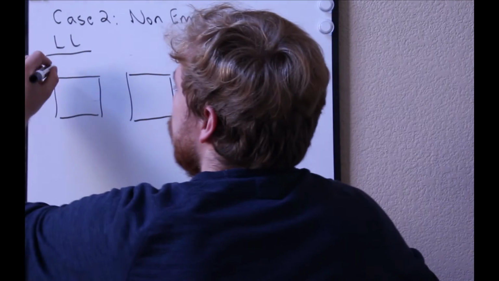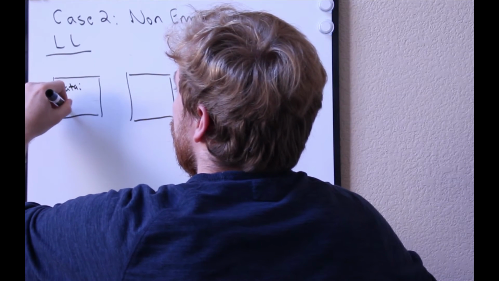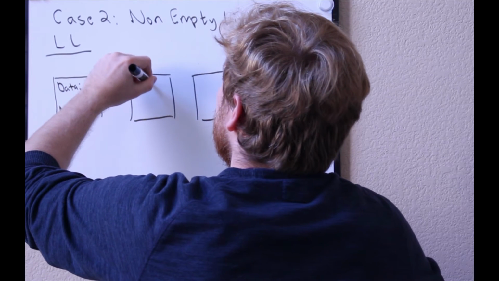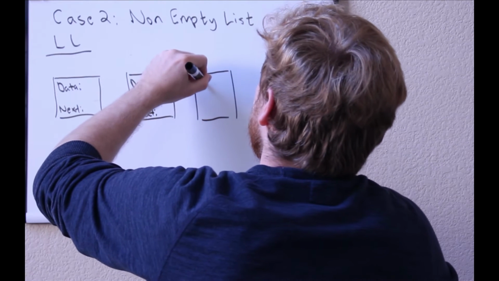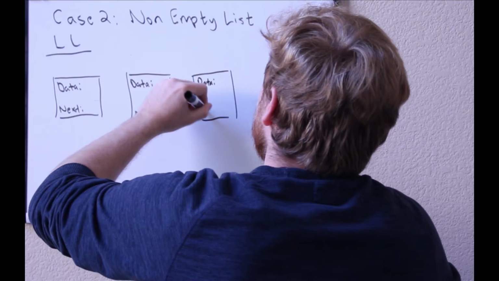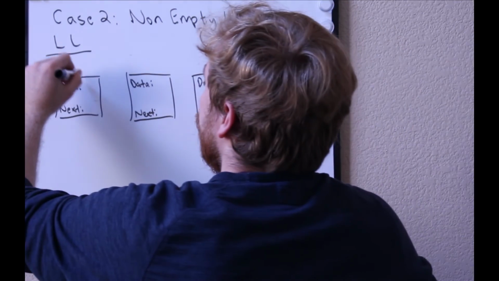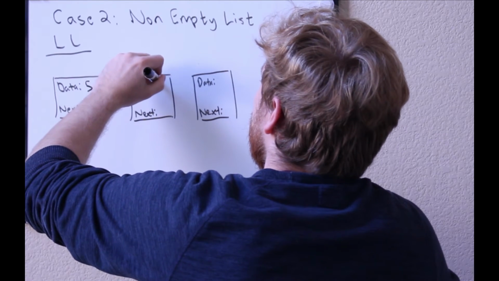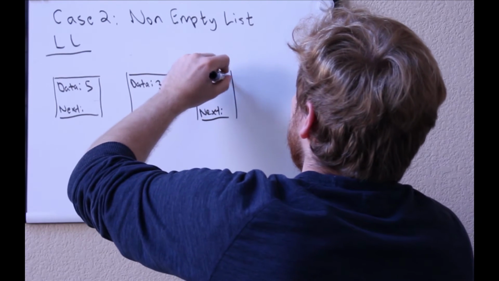And so they all need some data and next variables. So data, next, data, next, data, next. And we'll go ahead and give them some values. So the data for the first one we'll say is 5, the data for the next one is 32, and the data for the last node will be 70.